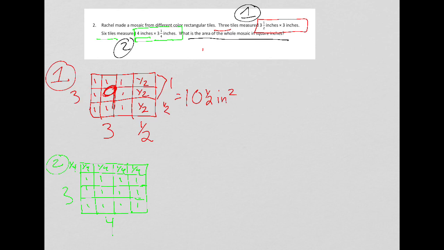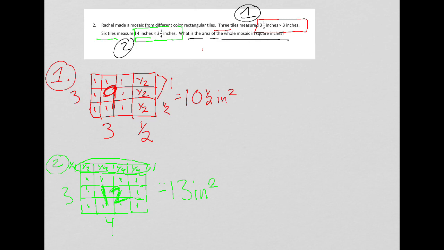And then I can just add. So my wholes, I have 1, 2, 3, 4, 5, 6, 7, 8, 9, 10, 11, 12. Okay, and then my 1/4, that's handy. There are 4 of them, so all together, that equals 1. So combining those two pieces together, we get 13 square inches.